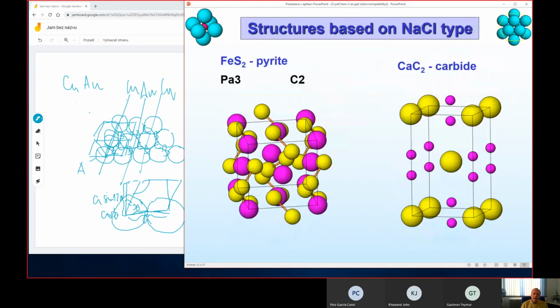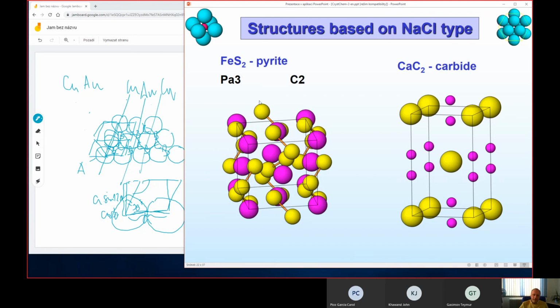Here, we can place a molecule at the position where we had an anion originally. So instead of the chloride anion in rock salt, we can place a molecule or a cluster, like in pyrite or iron disulfide.